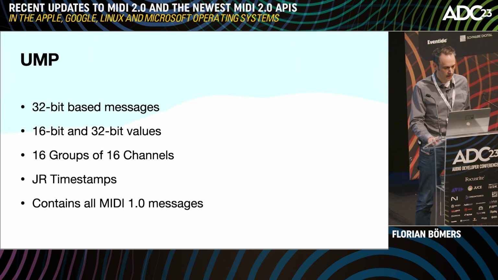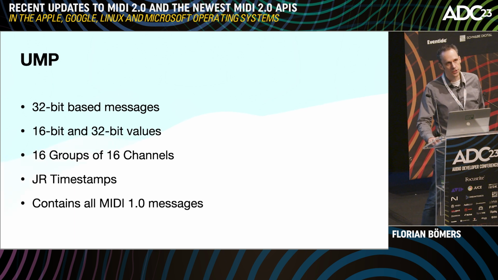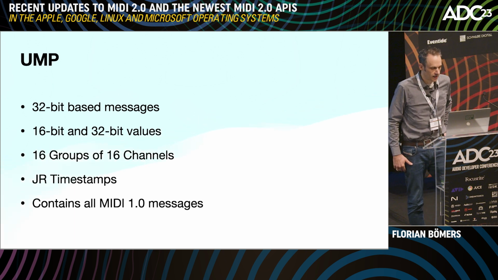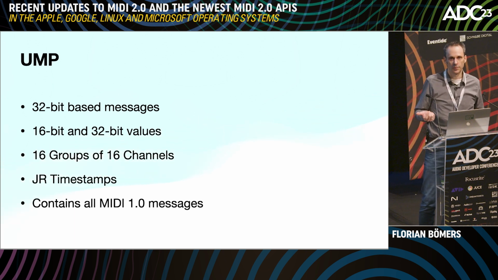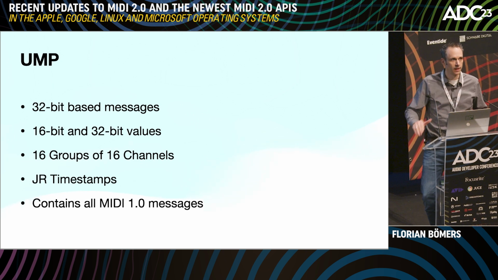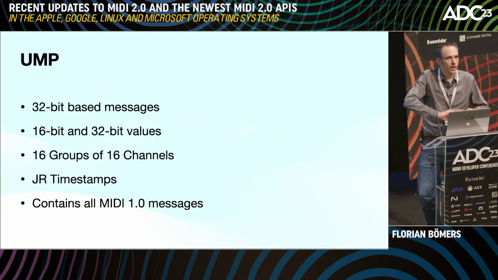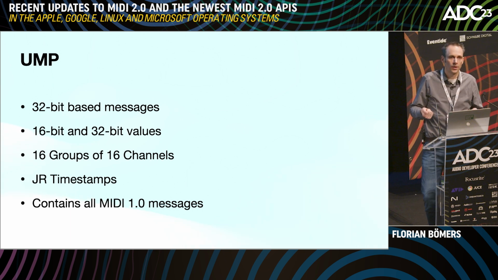It provides simple timestamping called JR timestamps, JR for jitter reduction. And it contains all MIDI 1.0 messages in plain MIDI 1.0 form. So it's very easy to transform a MIDI 1.0 implementation to UMP because it contains all MIDI 1.0.